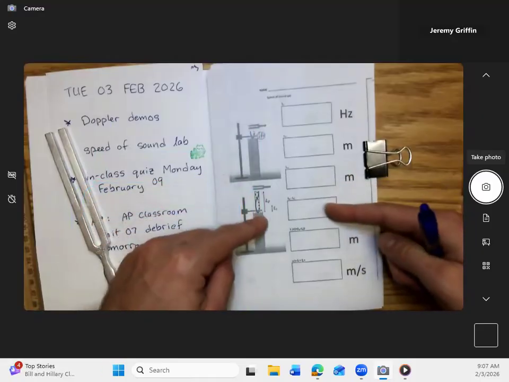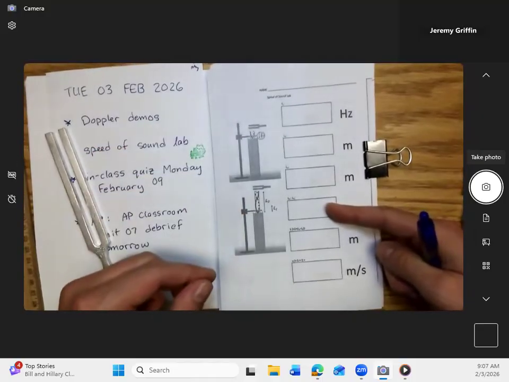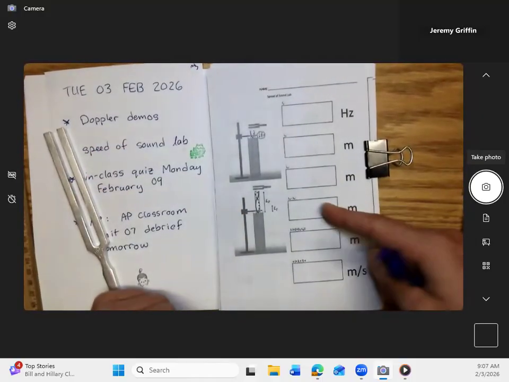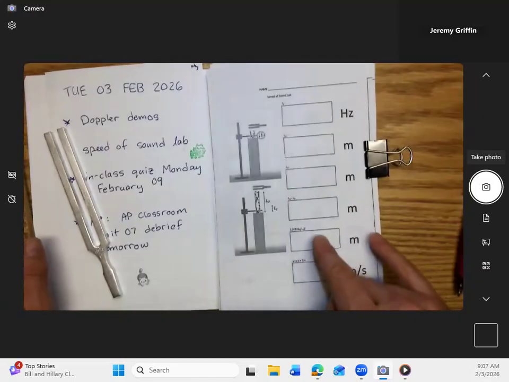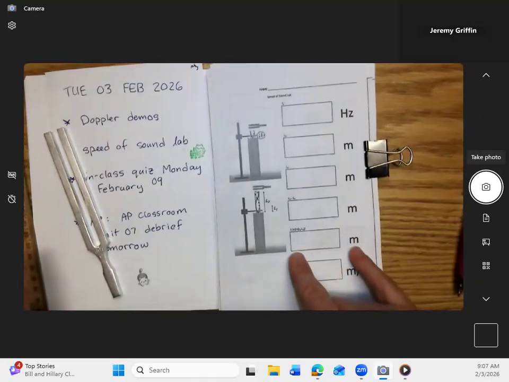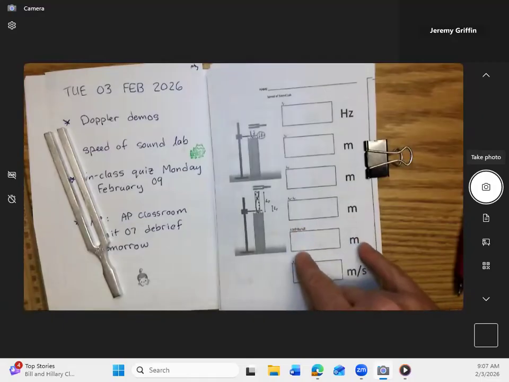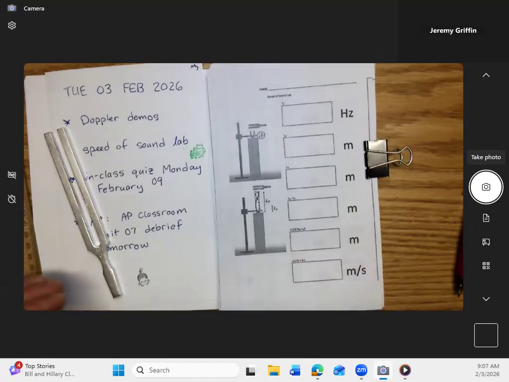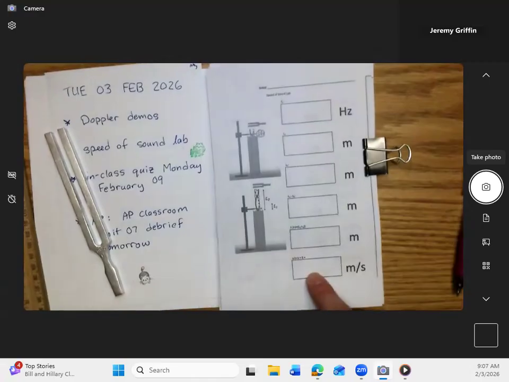So if you subtract the two, what's 3/4 of something minus 1/4 of something? 1/2. So this value represents half of the wavelength. Then the next box says go ahead and double that. If the difference represented half a wavelength and you double that, this distance right here represents what? One wavelength.